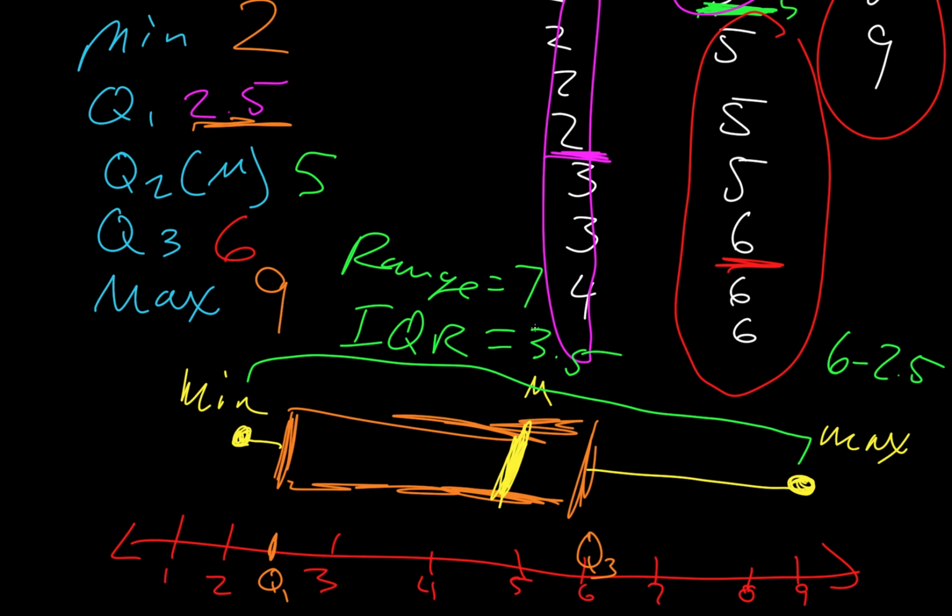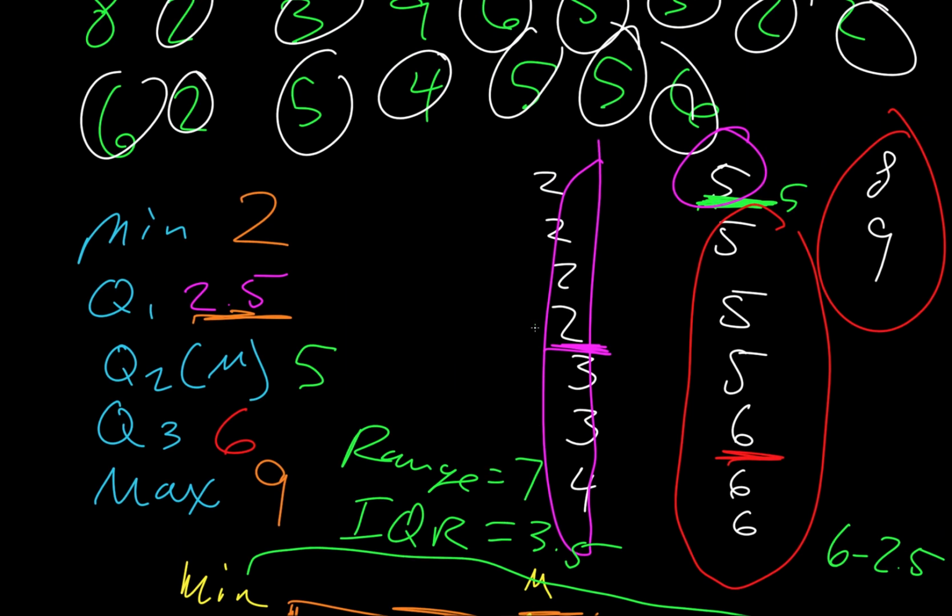Then the last thing, it says find the percentage of data values which are less than 3. We're going to go back to the data set that I wrote in order, and we want only the numbers that are less than 3.